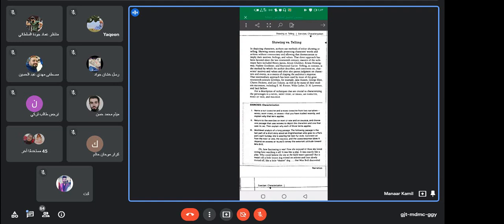In contrast, telling is the method by which the author describes and comments on the character's motives and values. هنا بالتيلينج يخبرنا عن الموتيفز مالتهم وعن الاكشنز مالتهم وعن خصائصهم. So depicting characters has two types: showing, to present characters without commentary, and telling, in contrast, commenting upon the characters.